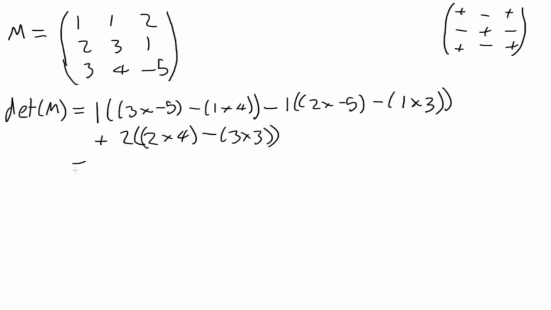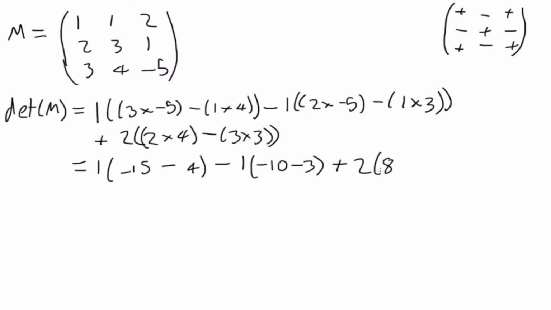Now we can write this out a bit easier. 1 times 3 times minus 5 is minus 15, take away 1 times 4 is 4. Minus 1 times 2 times minus 5 is minus 10, minus 1 times 3 is minus 3. Plus 2 times 2 times 4 is 8, minus 3 times 3, which is 9.